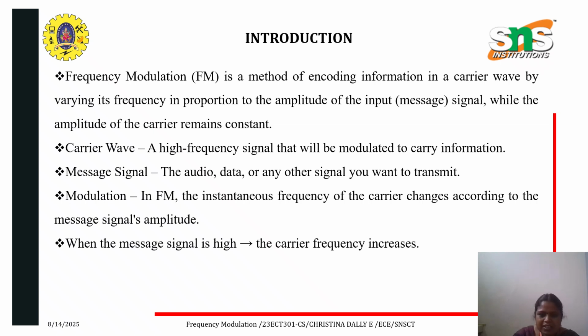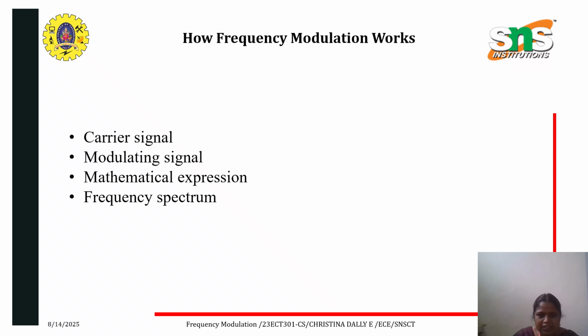The message signal is the audio or data or any other signal we want to transmit. In FM, the instantaneous frequency of the carrier changes according to the signal amplitude. When the message signal is high, the carrier frequency is increased.